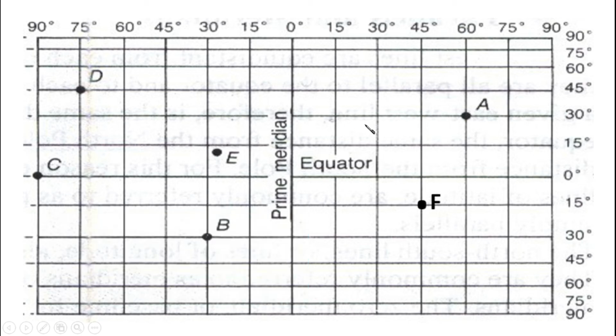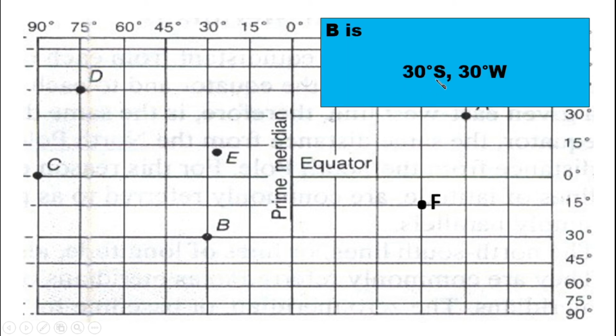Now, let's start with letter B. For letter B, I want you to pause the video and write your answer in your notebook. Okay, if you're done answering, kindly see if your answer is correct. The correct answer for letter B is 30 degrees south and 30 degrees west. Why?